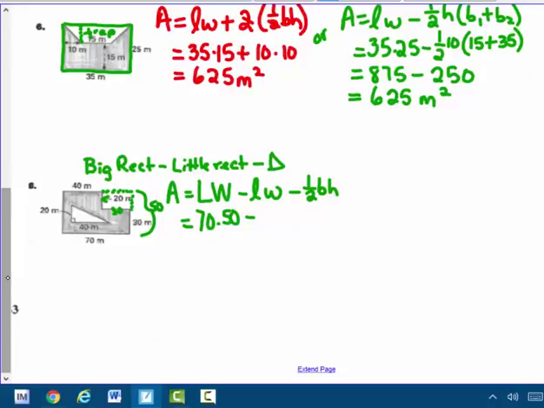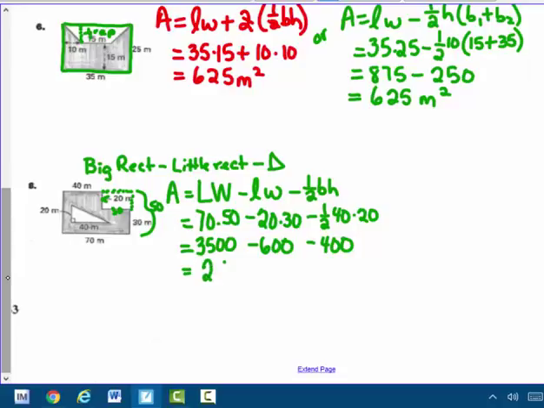So 20 by 30 minus the triangle. Oh, that's nice. They gave them to us. The base is 40. Half of 40 times 20. So 20 times 20, well, I know that's 400. 20 times 30, that's 600. And 70 times 50, well, that's easy. They'll have zeros on them. That's 3500. So 3,500 minus 1,000 is 2,500 meters squared. 2,500 meters squared.